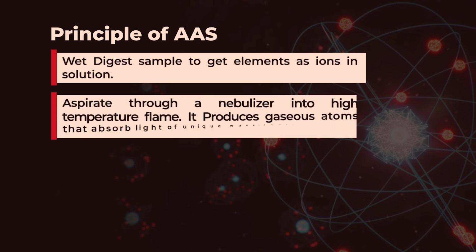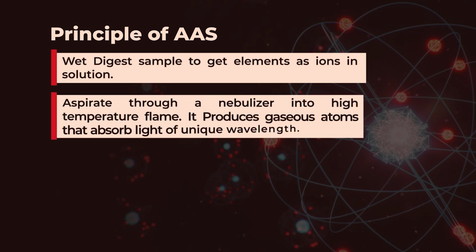That solution is aspirated through a nebulizer into a high temperature flame. All atoms and ions present in the solution get into their gaseous form, gaseous atoms, and those gaseous atoms are ready for absorbing the light coming from the cathode lamp.